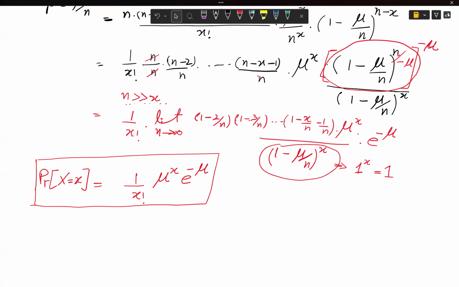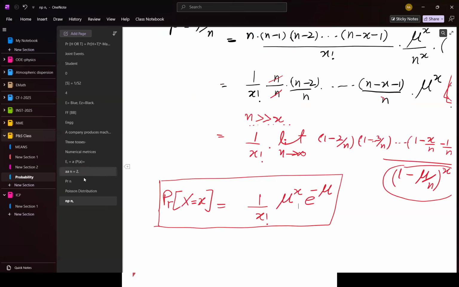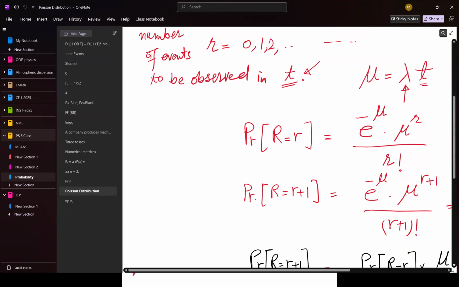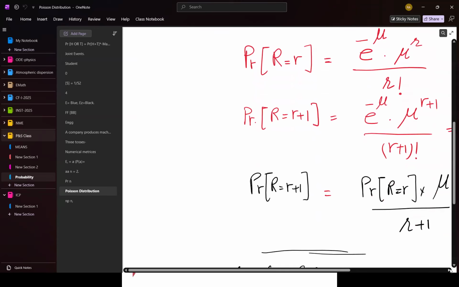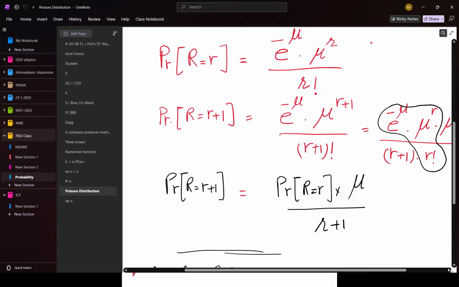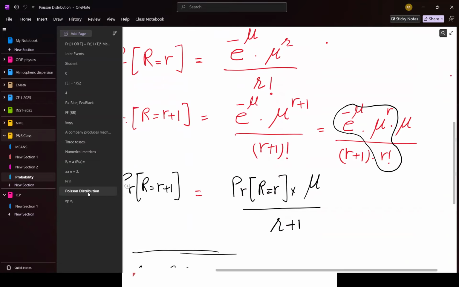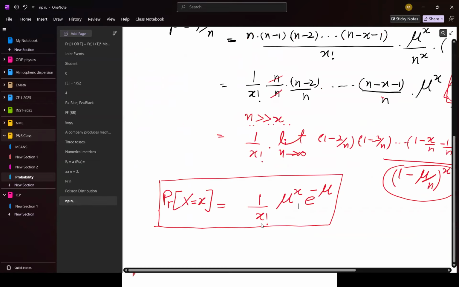I think it is available over here. Yes, which is also a computational simplicity: the probabilities at a value of r and r plus 1 are related. Let's write that one more time over here.